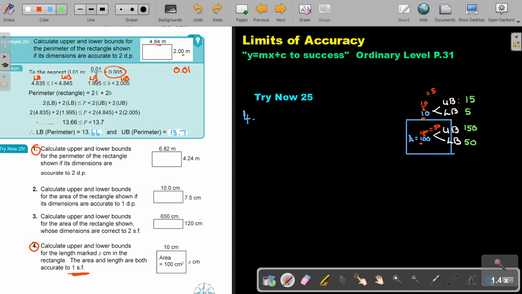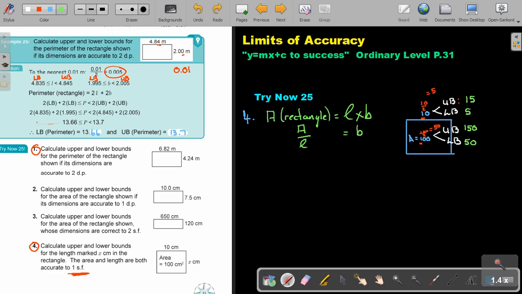Okay. And then I'm going to say, okay, the area. Don't forget the area of a rectangle is length times breadth. So if I want the breadth, it's just the area divided by the length. That's all. So it's a division.